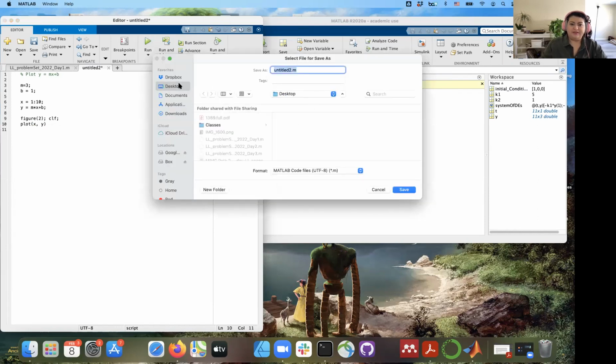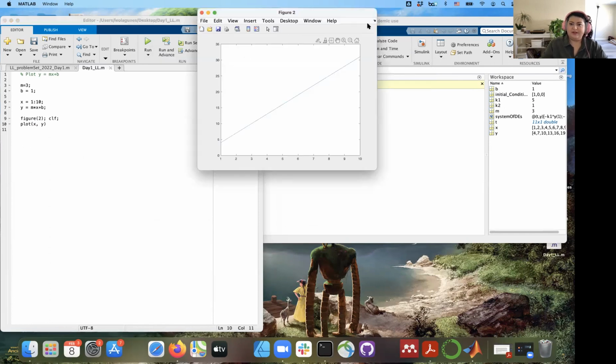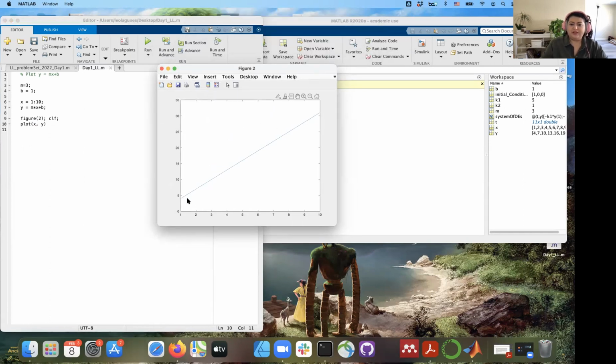Oh, I have to save it. You can save it however you want, but I'll just save it like that. Okay, and here is our plot. Since this is a linear function, we expect to see a line where the values of x are on the x-axis from 1 to 10, and on the y, the values of y.